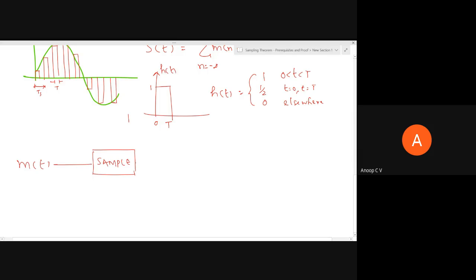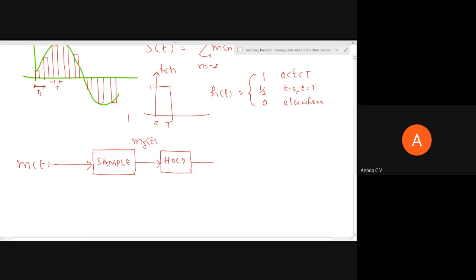Then after sampling, I should pass it through some hold circuit, which will basically lengthen the duration of each sample. So m of t, once I sample, I'll get m delta of t. That is our sampled signal.